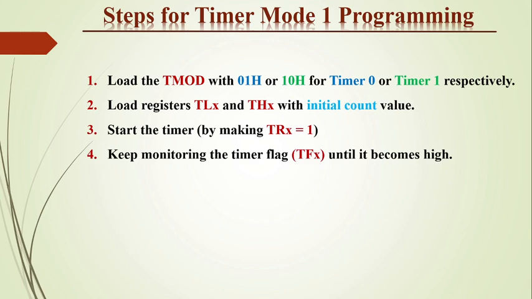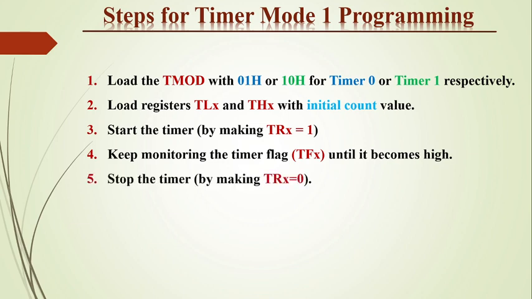After starting the timer, it will start counting 0, 1, 2, 3, and we have to keep monitoring the timer flag, that is TFX. As it is 0, when the timer rolls over from FFFFH to 0000H, it becomes high. So we have to keep monitoring this flag.